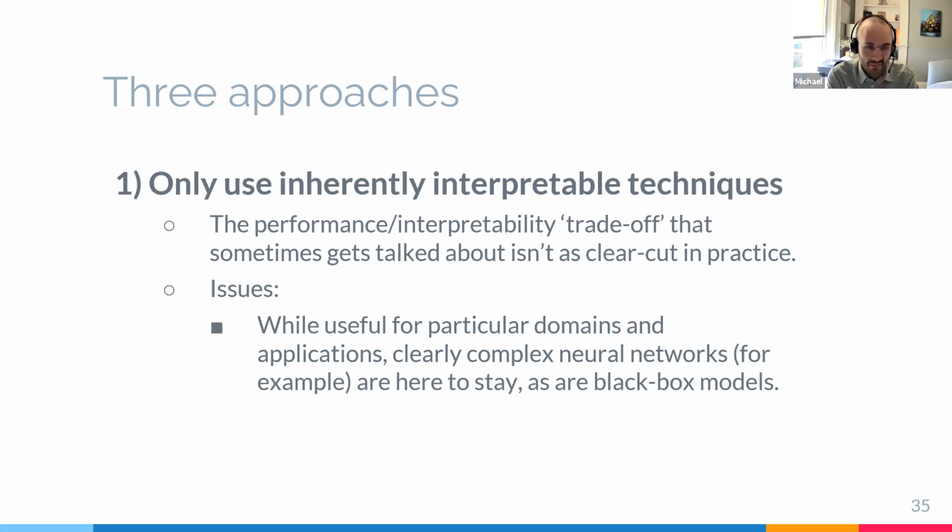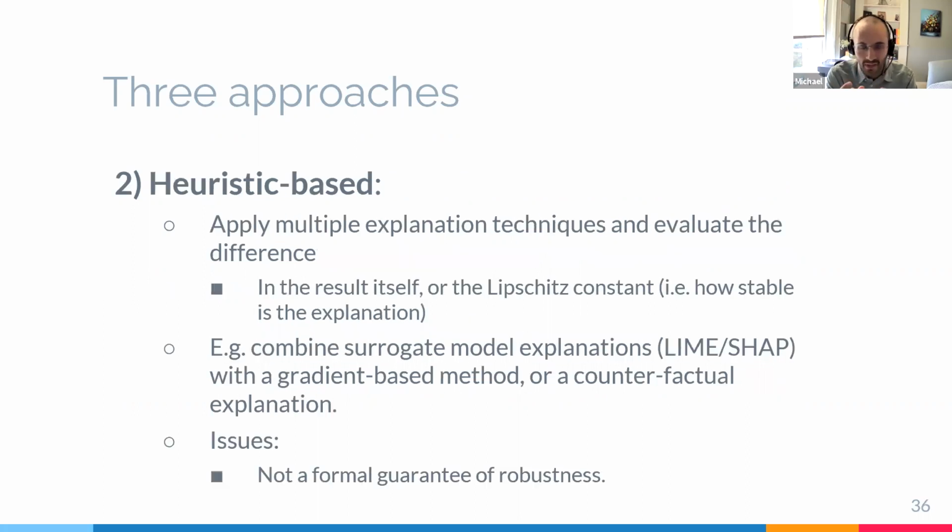Obviously, that's clearly not practical, and there is a need for robust post hoc explanation techniques. So there are two directions, and I'm really interested in people's thoughts on this. The first is a heuristic-based approach.